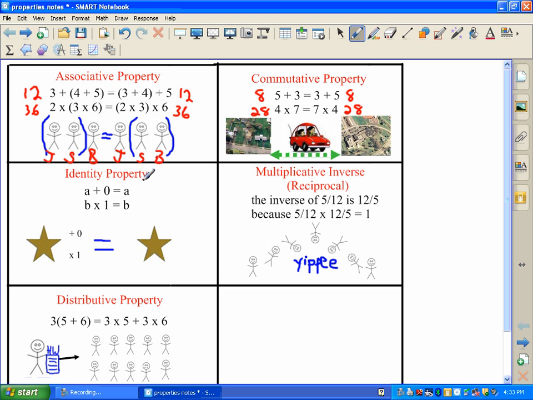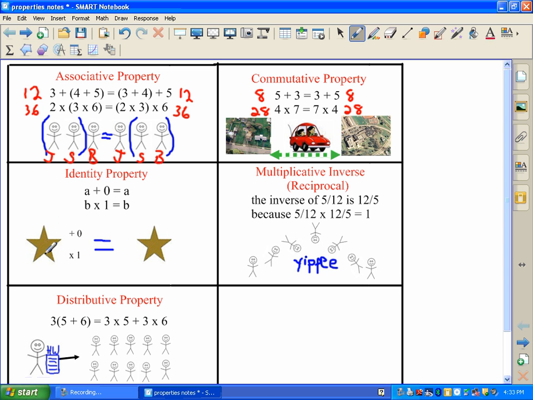And then I asked what number, if I'm multiplying, doesn't change anything, and that is 1. Anything plus 0 is still that number, and anything times 1 is still that number.